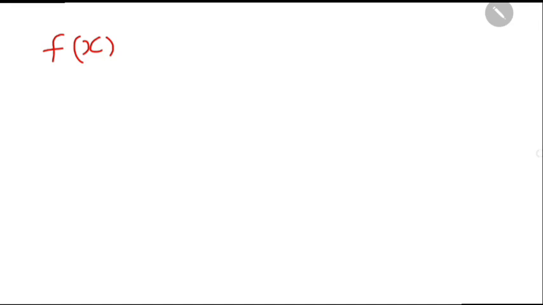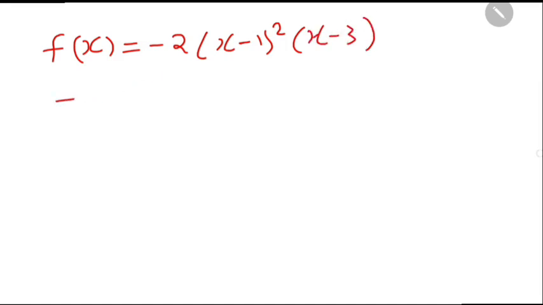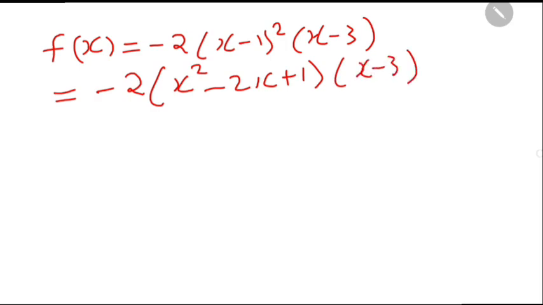So the value of a, substitute it back into the factored form and expand the expression to get the standard form. So f of x is equal to a, we got negative 2, times (x - 1) square multiply (x - 3). So I'm gonna open up the perfect square formula: x square minus 2x plus 1, times (x - 3).